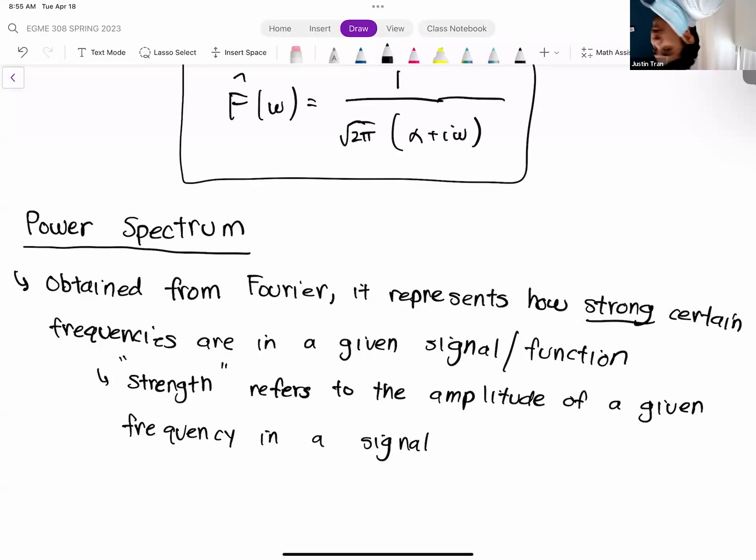Remember, Fourier always comes back to this idea of frequency and amplitude. When we first started talking about Fourier, we talked about the concept of sound, and that persists here as well.